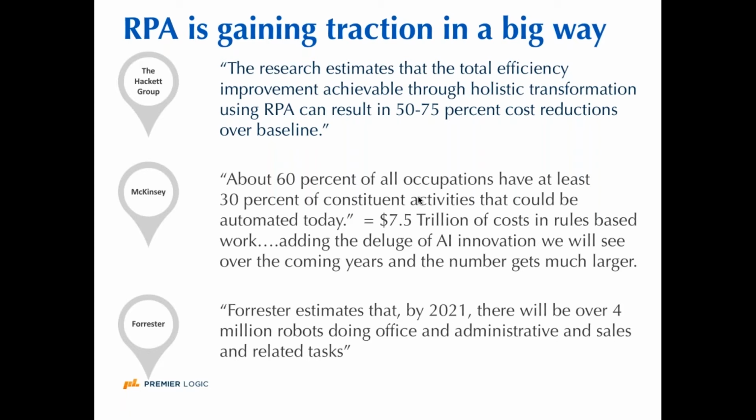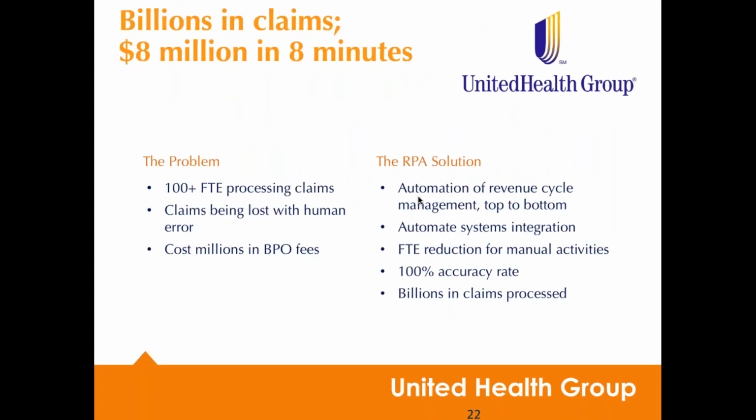We're going to pull up a case study of ours to give you some actual ROI and benefit. In healthcare, for example, there was a team of about 100 FTEs doing claims processing, and we found that a lot of the claims were being processed either incorrectly or not at all. By introducing robotic process automation, we were able to turn that around.